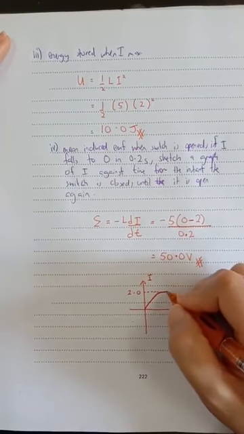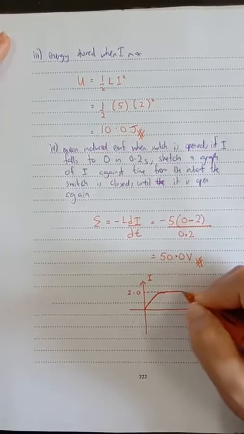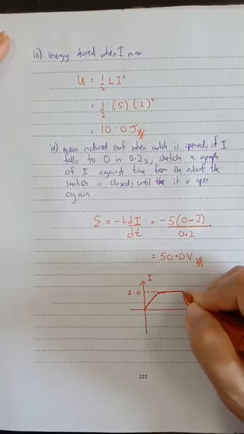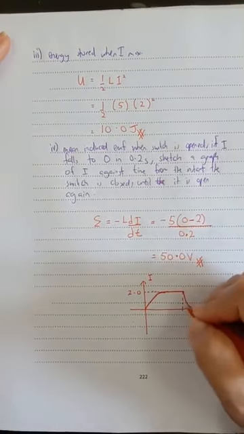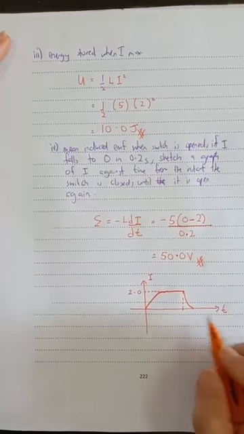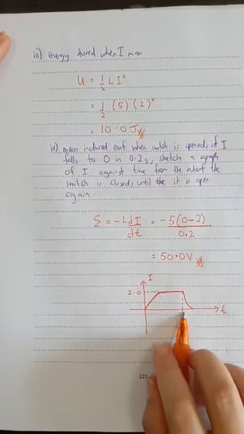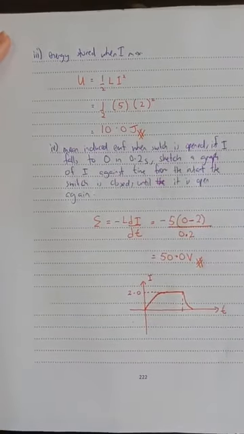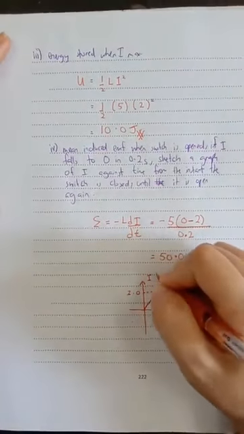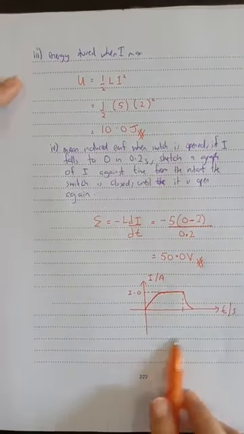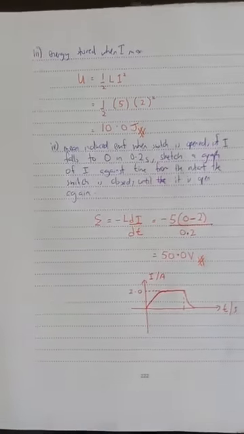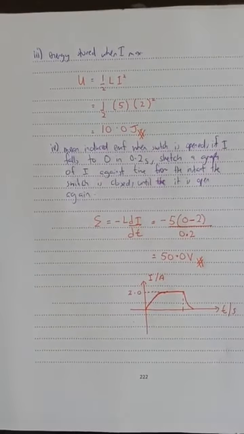Okay, becomes constant, and then when the switch is opened, it will drop quickly. So this time here is within 0.2 seconds. So that's how we sketch the graph.